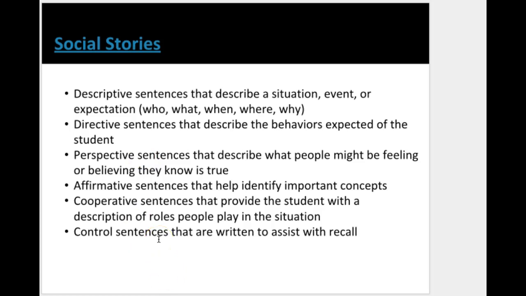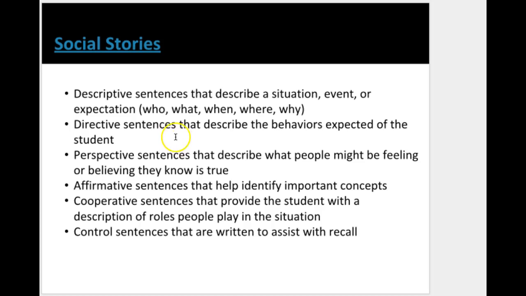But essentially, a social story is where you use descriptive sentences to describe a situation. And in that story, there are directive sentences that describe the expected behavior. So here's what happened, here's what should have happened, and it gives the perspective, possibly, of another person, but most importantly, the story is about the student.